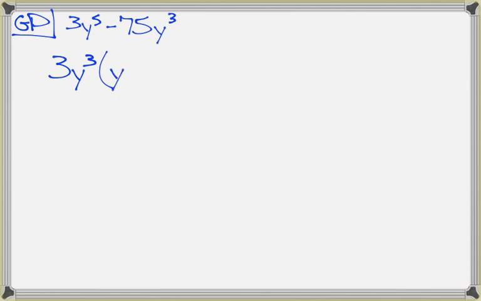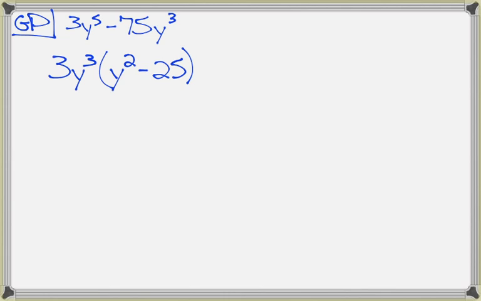So it's just 1y, and then I took away 3 of the y's, so I only have 2 left. Then 75 divided by 3 is 25. So subtract 25. And then I took 3 y's out, so that term does not have any y's left in it. So now I have what's in parentheses simplified, but now it's the difference of squares.